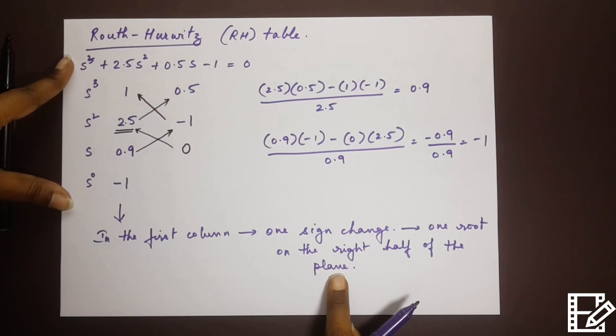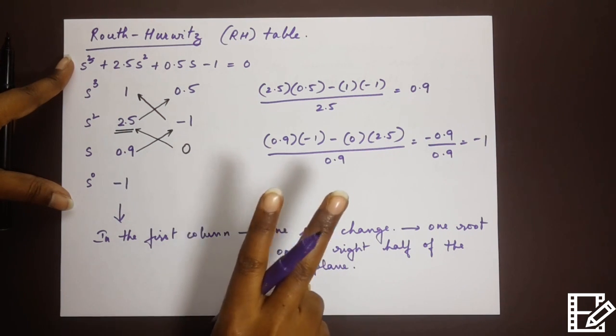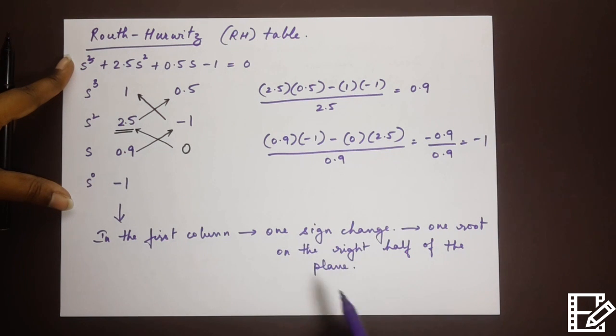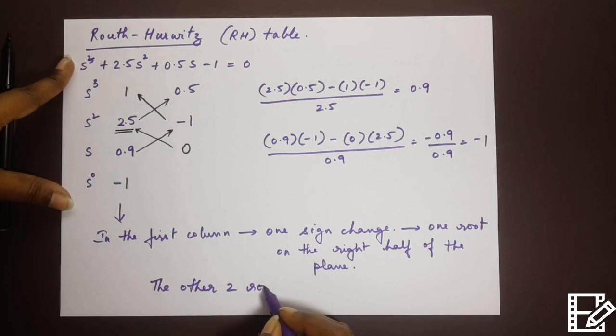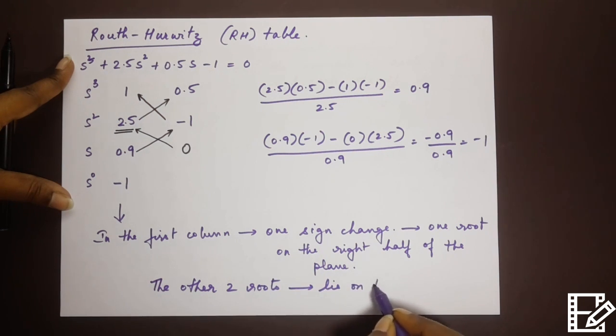Now if one root lies on the right half of the plane, that immediately tells us that there are 2 roots left out of the 3. So total 3, 1 lies on the right half, which means that the other 2 roots lie on the left half of the plane.